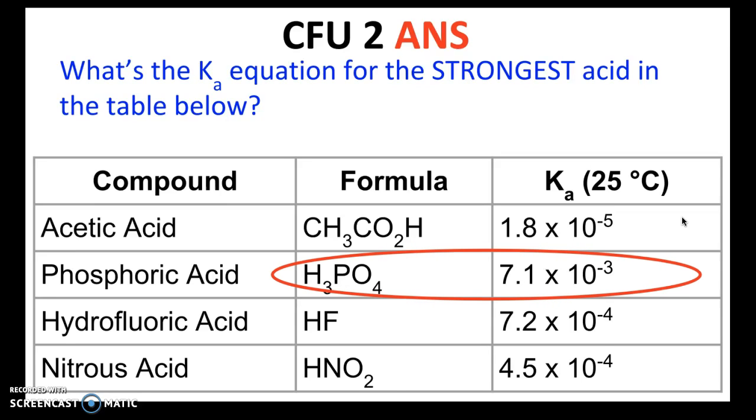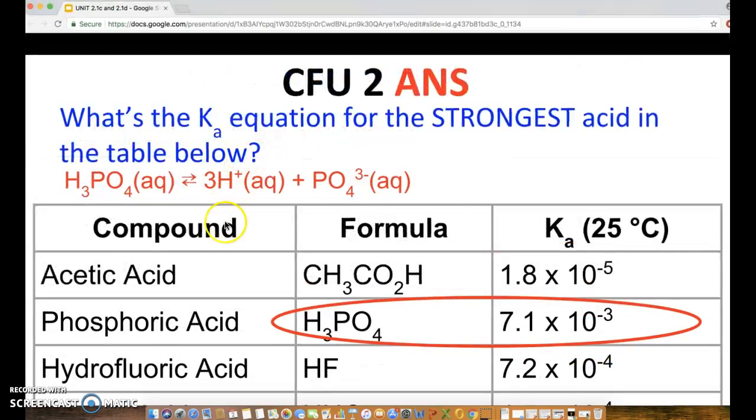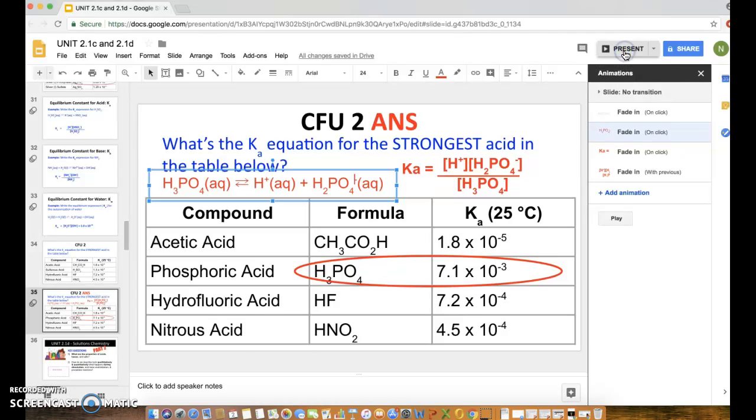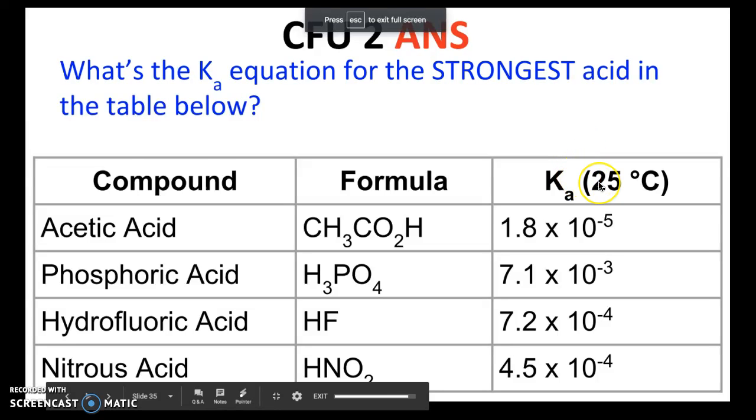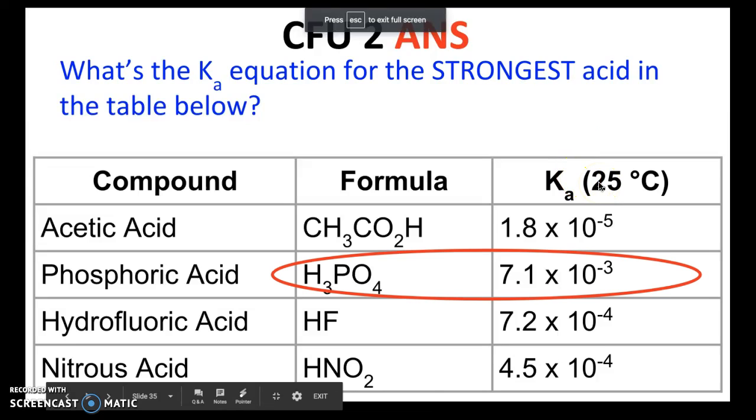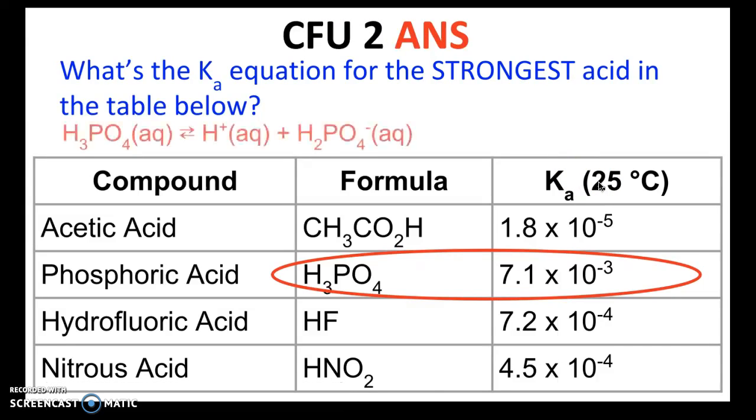Okay, so this one is our strongest acid, and we know that because it has the highest Ka value. And this is the ionization of the acid, and there's a mistake here. Let me pause that now. Okay, so sorry about that, but I'm actually glad that mistake was made so we can see it. So once again, we pick the strongest acid, which has the largest Ka.